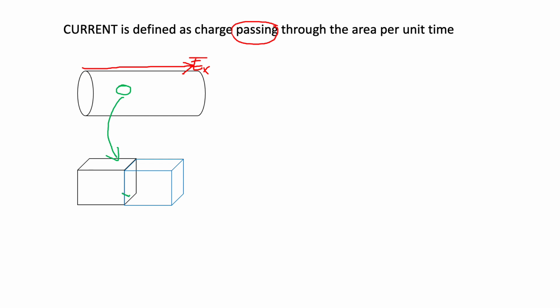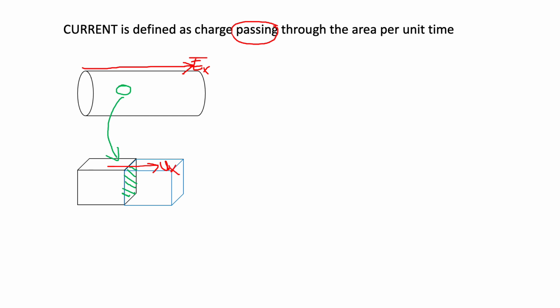This is the area the charge passes through when it moves from this place to this place. During the movement, we can write the velocity of the movement as ux.